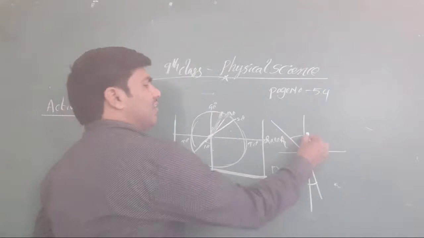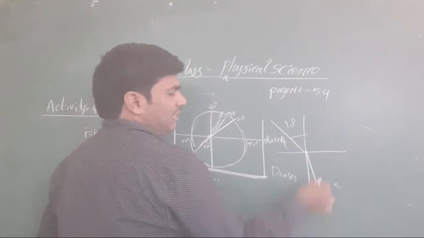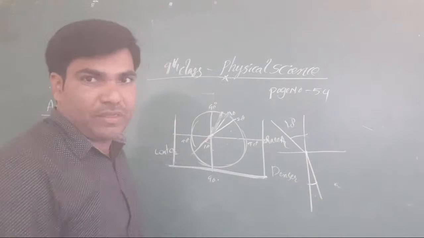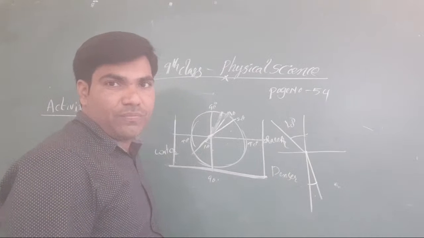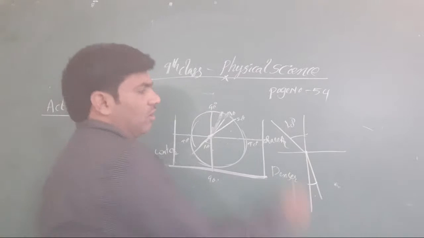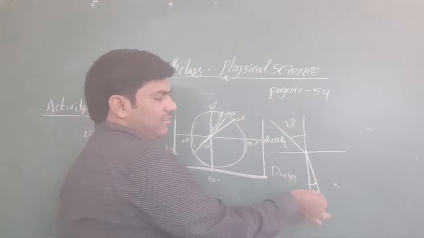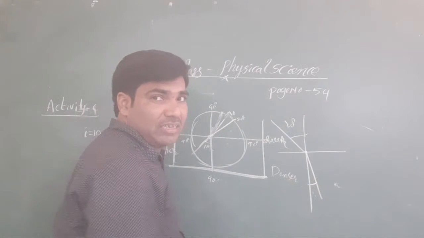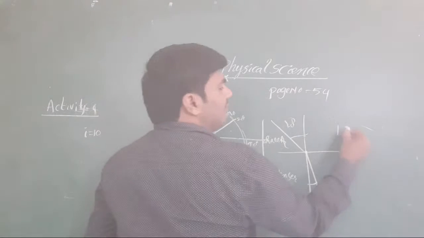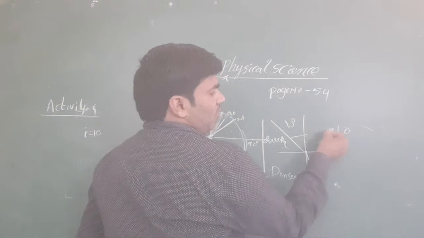In case it is somewhat 10 degrees, it is compulsorily below 10 degrees only. Okay, clear or not, all of you? Got it or not, all the students? It is not necessarily 10 degrees. It should be less than 10 degrees only. Okay, clear or not, all of you?